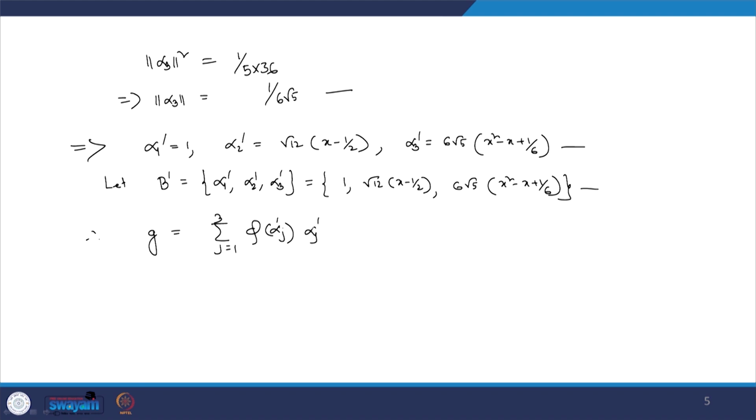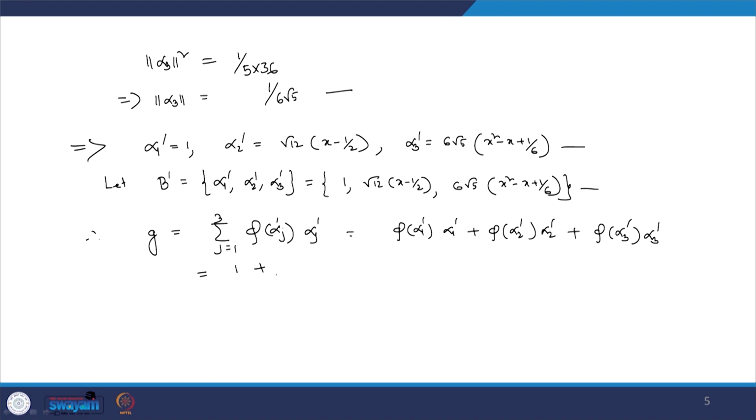See, phi of alpha j prime means alpha j prime at t naught. If I simplify this, alpha 1 prime is 1 only. So this is basically phi of alpha 1 prime and alpha 1 prime, plus phi of alpha 2 prime, plus phi of alpha 3 prime and alpha 3 prime.